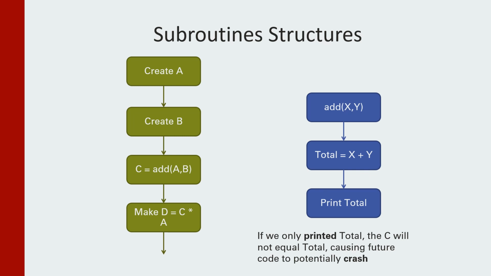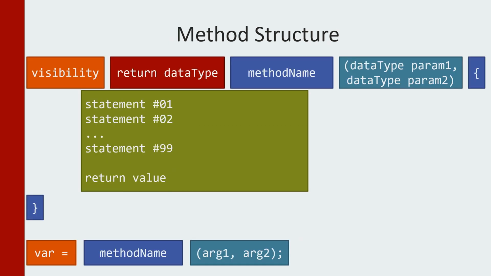So we need to ensure basically that we have the correct return value if we're going to set things equal using the assignment operator. So let's break down the method structure some more.